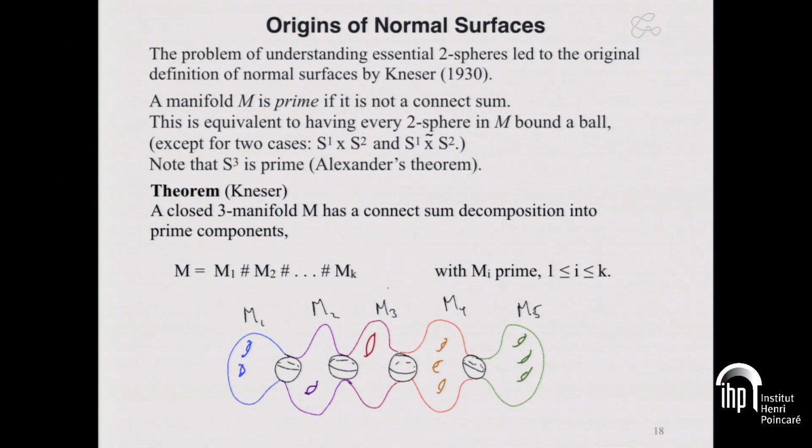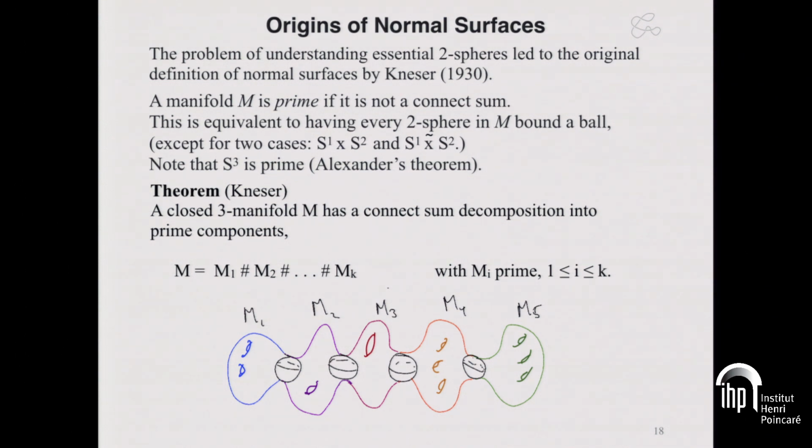And Kneser used them to prove that 3-manifolds had prime decompositions. So I want to show you how this argument goes. We know everything we need at this point to prove this. So this was before Haken, so we don't need the connection to integer linear programming. We just need the fact that surfaces can be deformed to be normal in the way I just showed you.